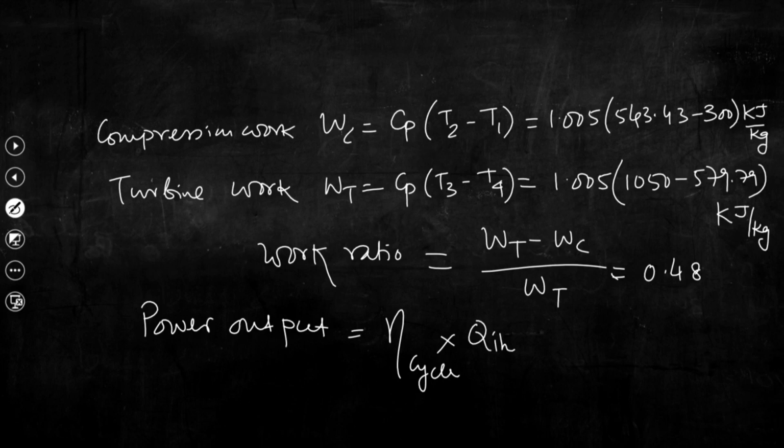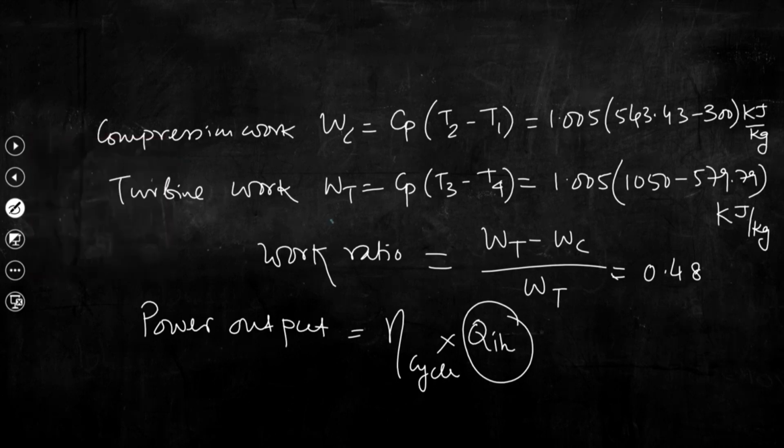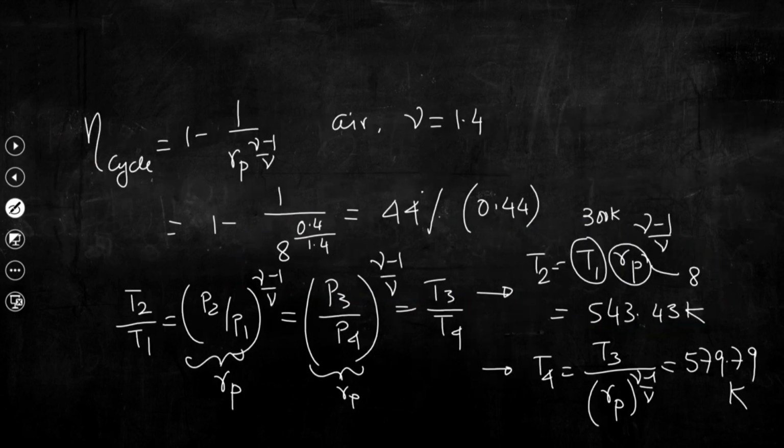So, instead of work we are writing power output equal to eta cycle into Q in. So, what is Q in? We have to calculate Q in, otherwise we cannot obtain the power output. So, this is one answer, the work ratio. Cycle efficiency is another answer.